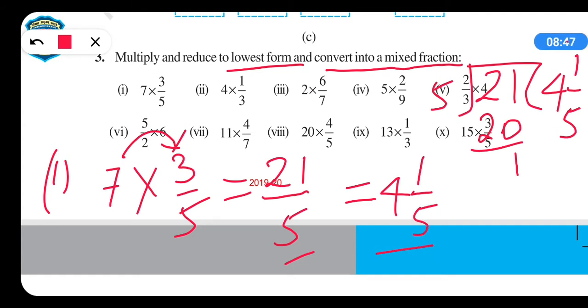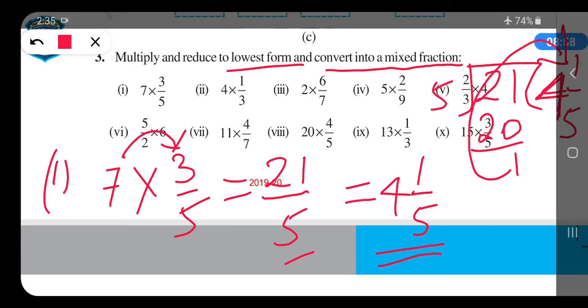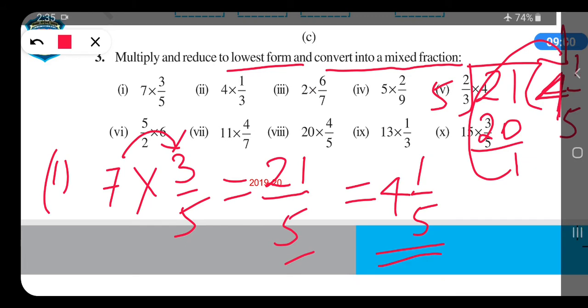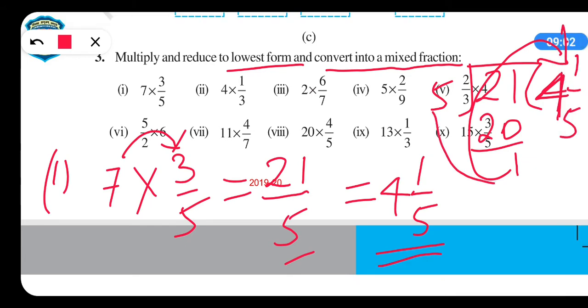So this is the answer. When you divide, 4 is the quotient. And this remainder, this 1, will go in the numerator, and this 5 will go in the denominator, right? So in this way you can convert a number into a mixed fraction. This is a mixed fraction, right?